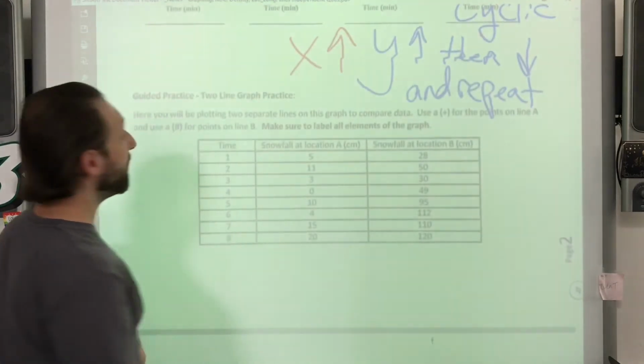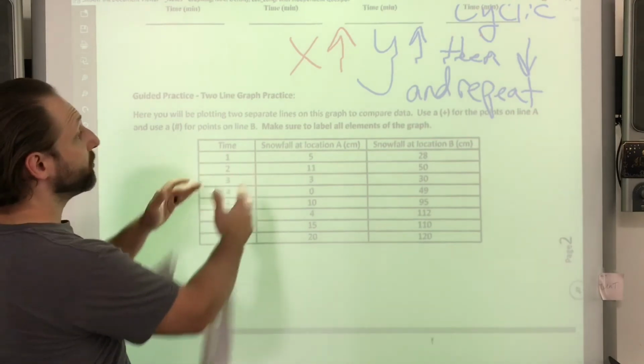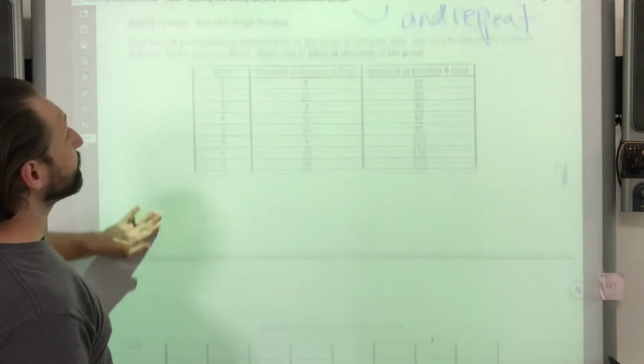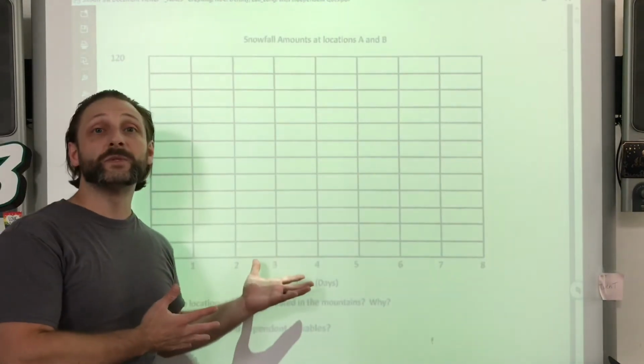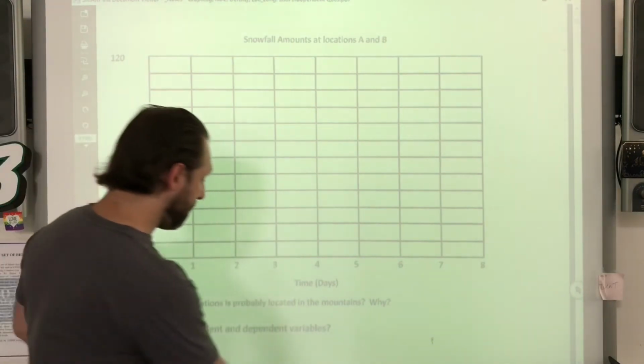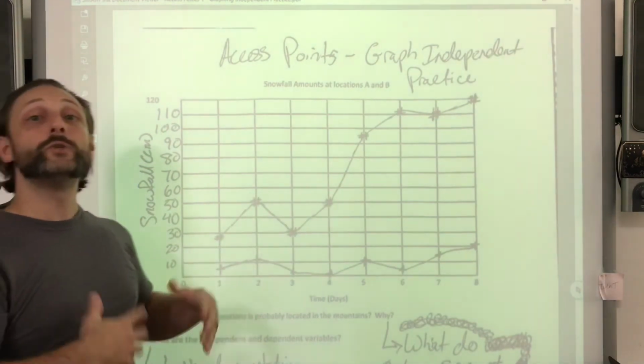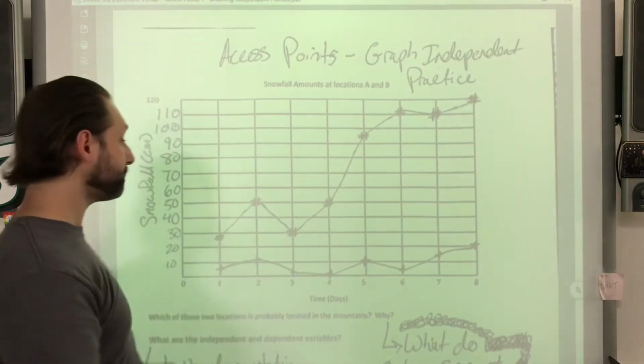All right, now for our guided/independent practice, we have 2 line graphs, which you'll see that this one is blank, but if you click the access point to help with this, I have already populated this graph with all the points you need to interpret the data.